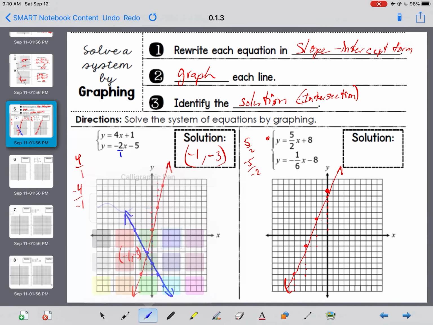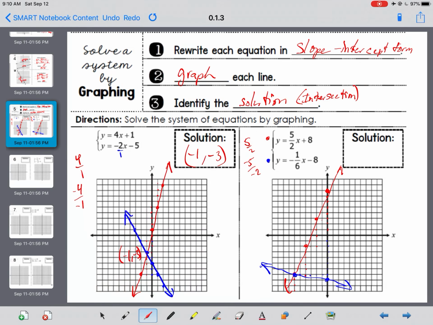And then I can switch to my next line. Starts at negative 8. 1, 2, 3, 4, 5, 6, 7, 8. And it's negative 1 over 6. So I can go up 1, back 6. 1, 2, 3, 4, 5, 6. Oop, that's where they meet. Got it.